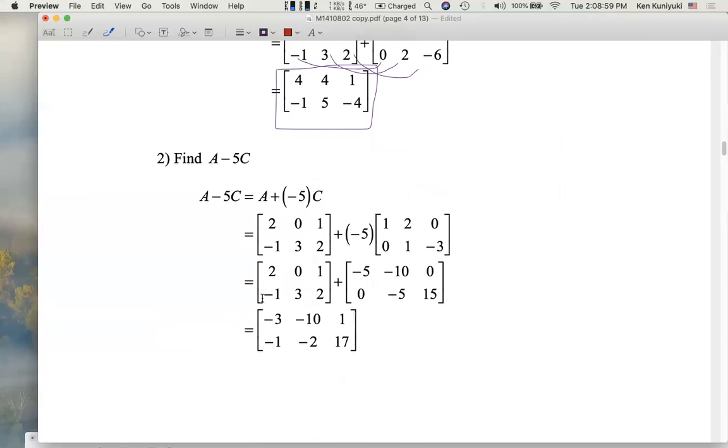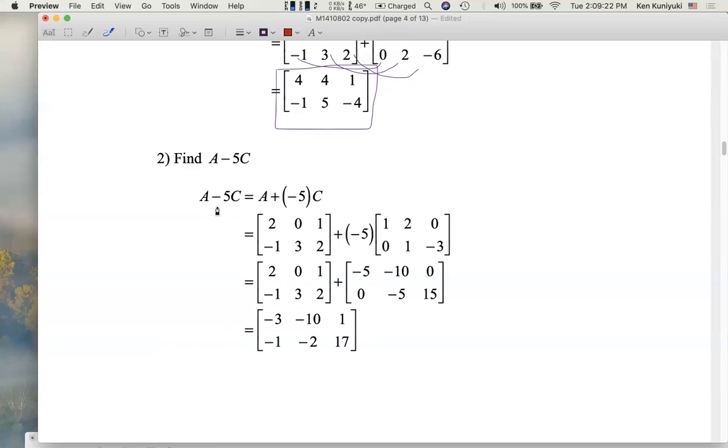Find A minus 5C. The key point I want to make here is that if you're subtracting a matrix and there's a number here, you might want to think of matrix subtraction as adding the opposite.